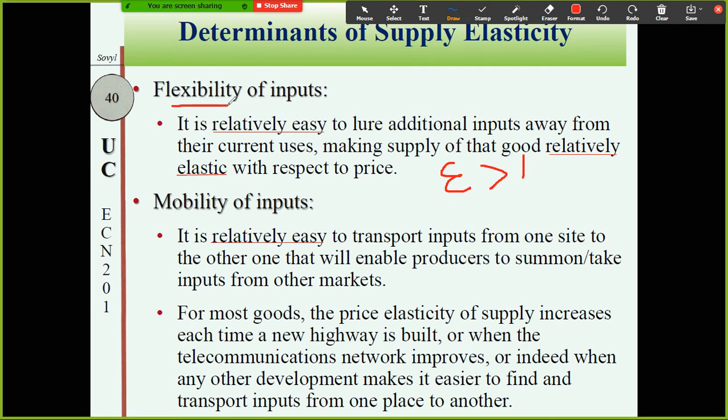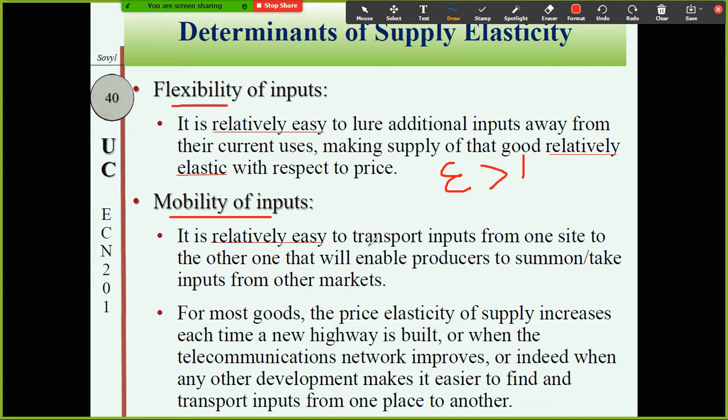This is flexibility: is it easy to get extra input for our production? But this one is about mobility, meaning transport or moving. Is it relatively easy to transport inputs from one location to another, enabling our producers to take input from other markets?